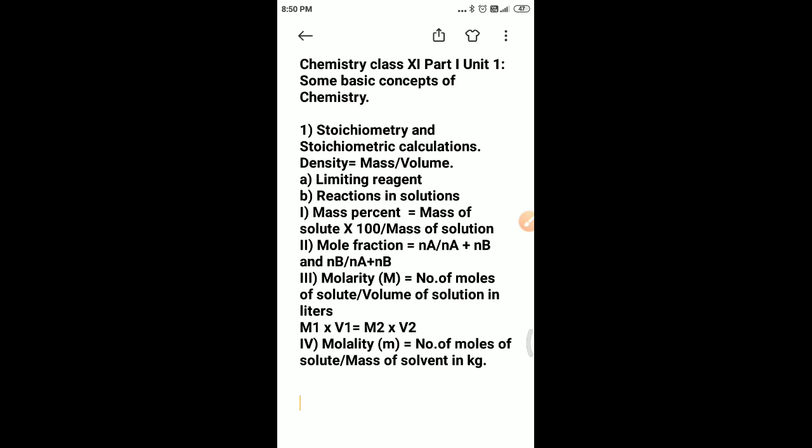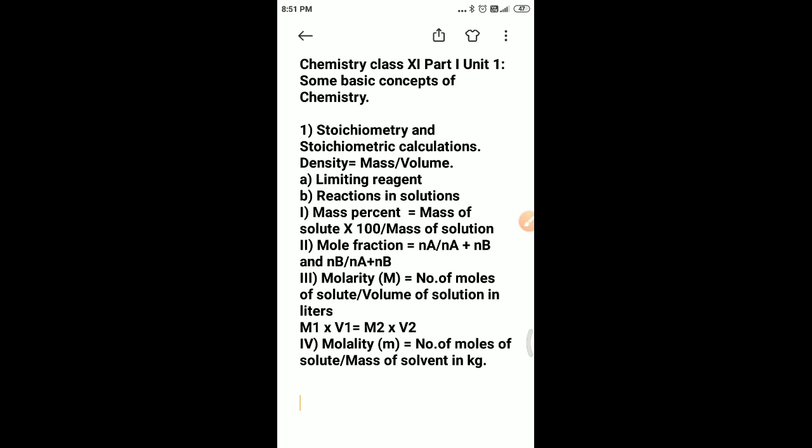Similarly, the coefficient for methane and carbon dioxide is 1 in each case. They represent the number of molecules, and even moles as well, taking part in the reaction.